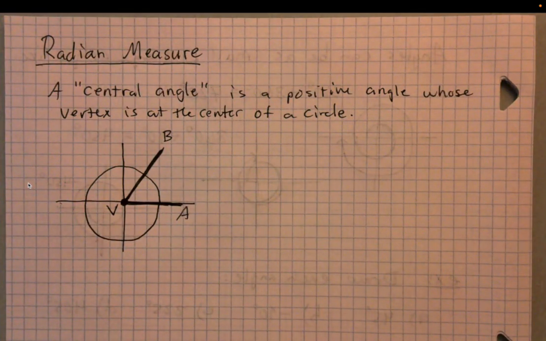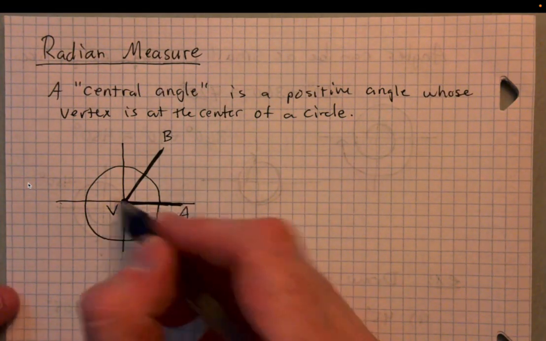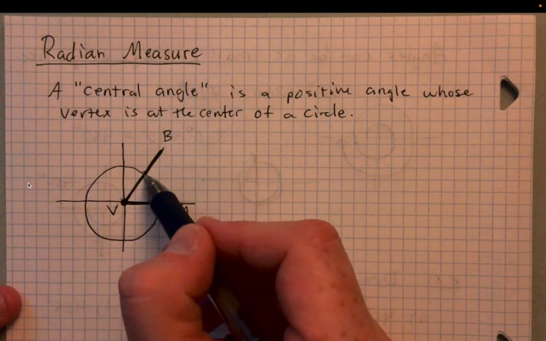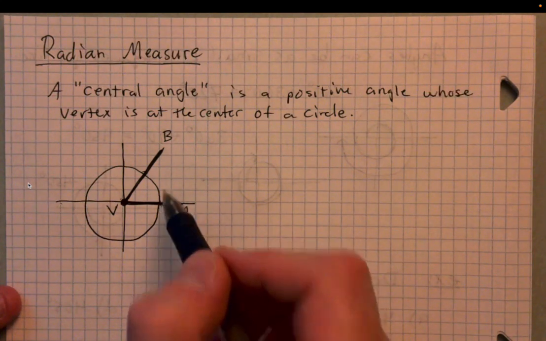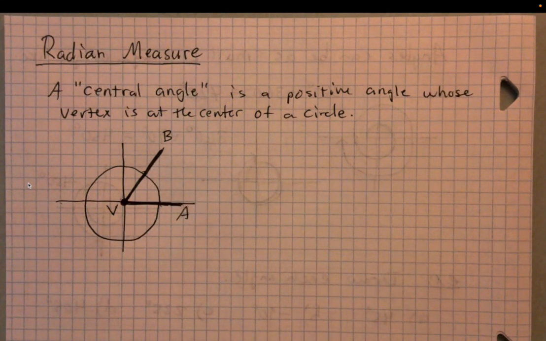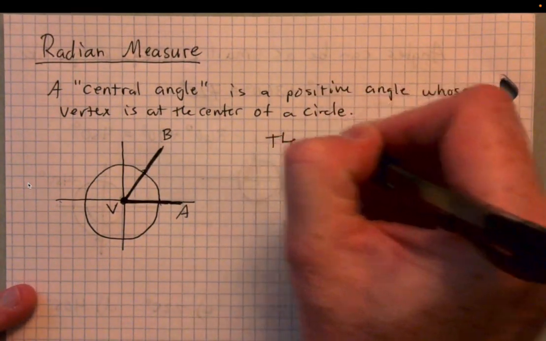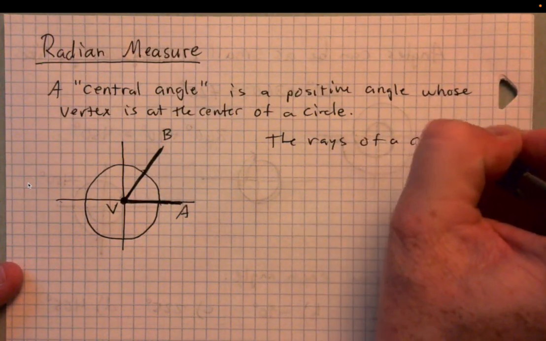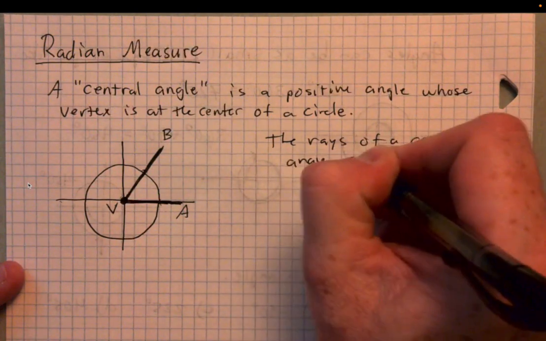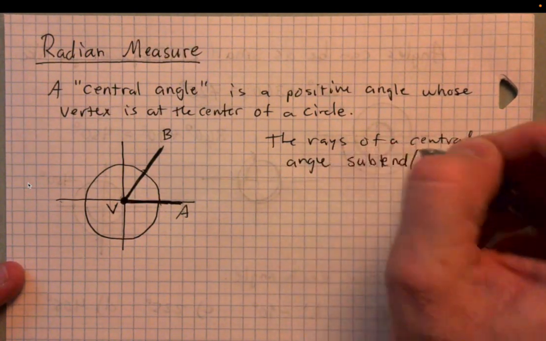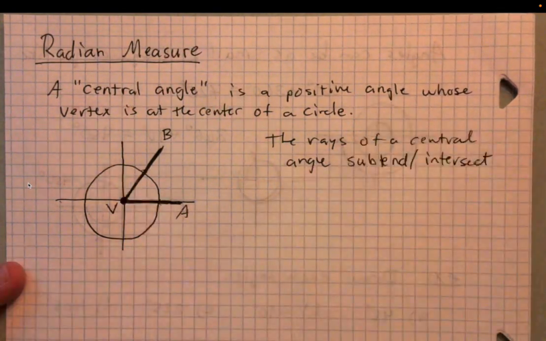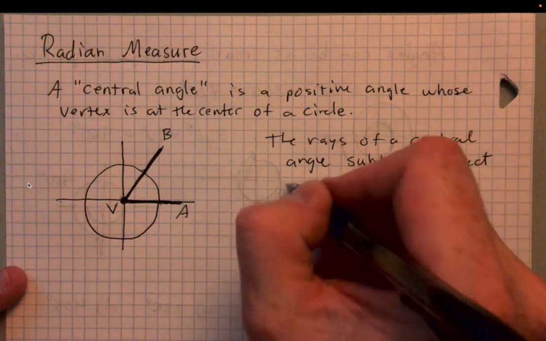The rays of this angle intersect the circle, as you can see. They intersect here, and they also intersect here. Another word for this intersecting is to subtend. So we say that the rays of a central angle will subtend, which is just another word for intersect, an arc of the circle.